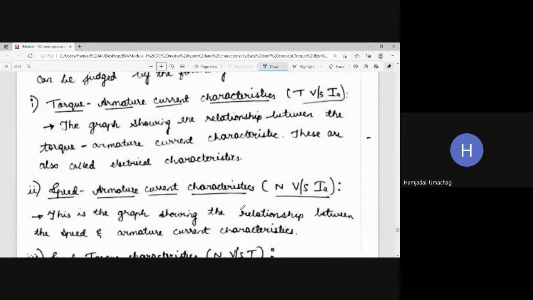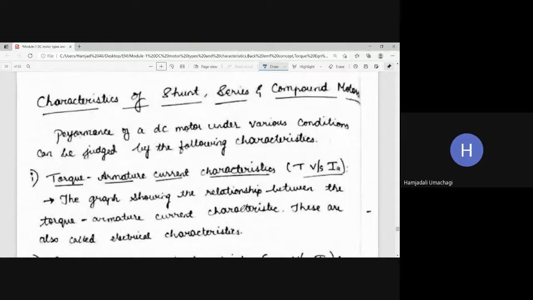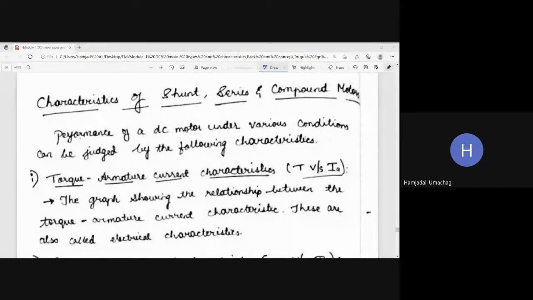Before going to the actual characteristics, I would like to briefly explain what those characteristics will tell you. Characteristics of DC shunt, series, and compound motors.